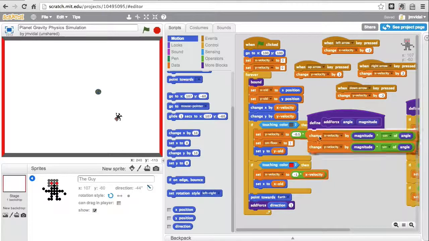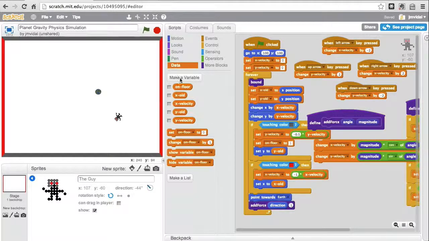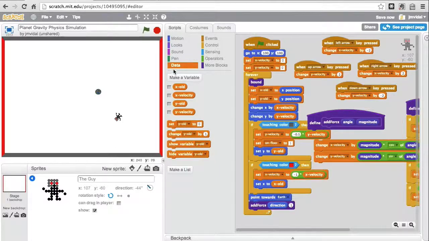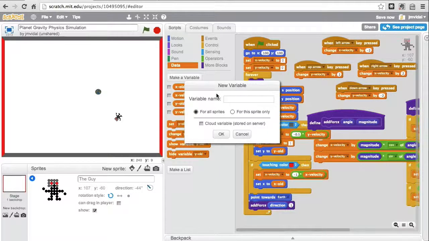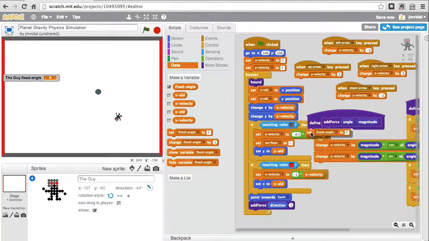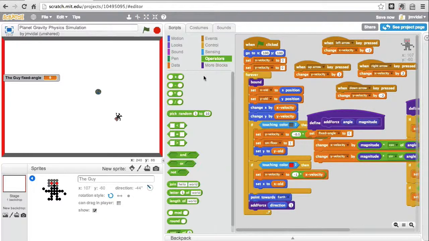I'm going to create a new variable called fixed angle, just for this. And inside this procedure, I'm going to set the fixed angle to be: multiply the angle by -1 and then add 90 to it.